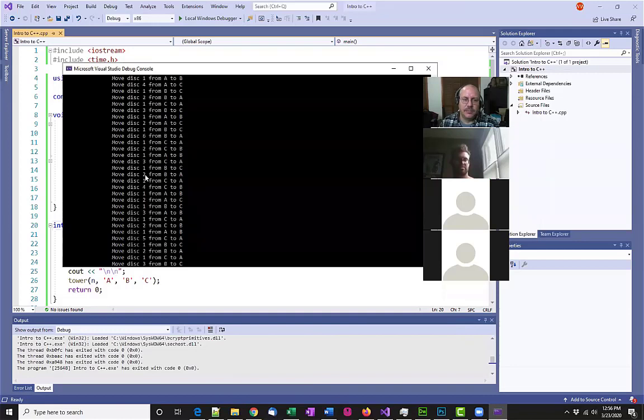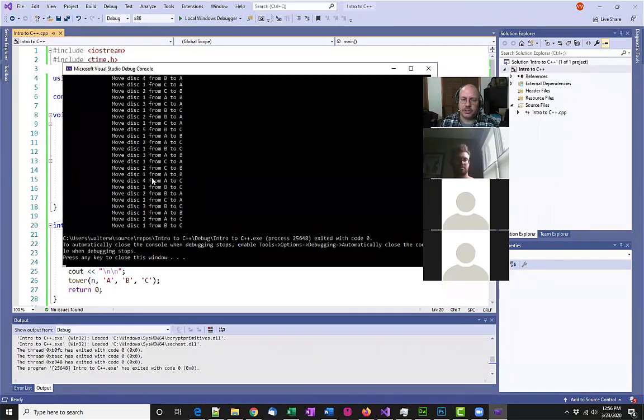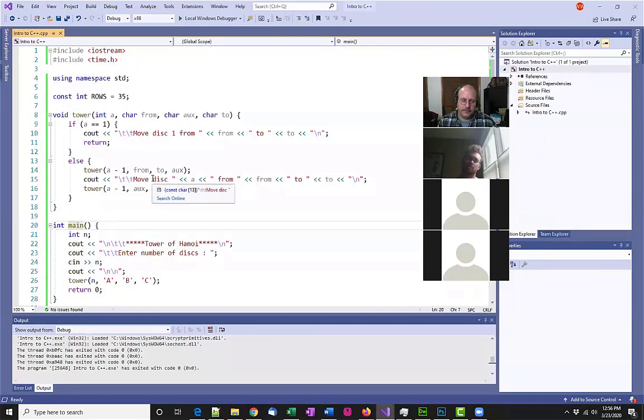The good and bad news about this from a programming perspective is we're a lot faster than the monks. Well, maybe that's bad. You know, we don't want to hasten the end of the world. But we are much faster.